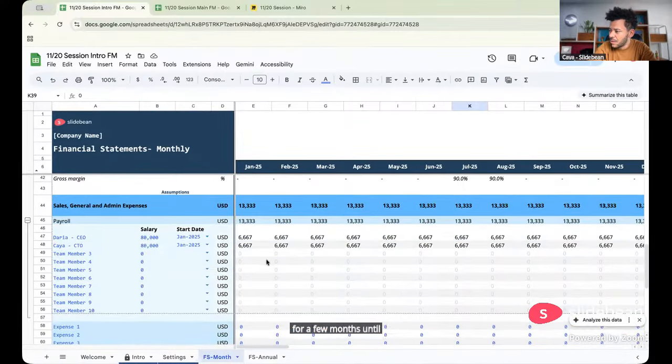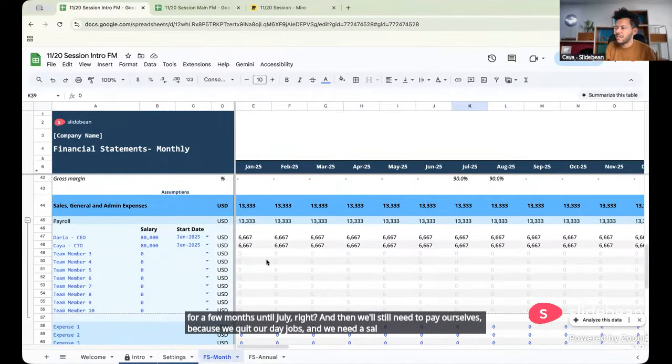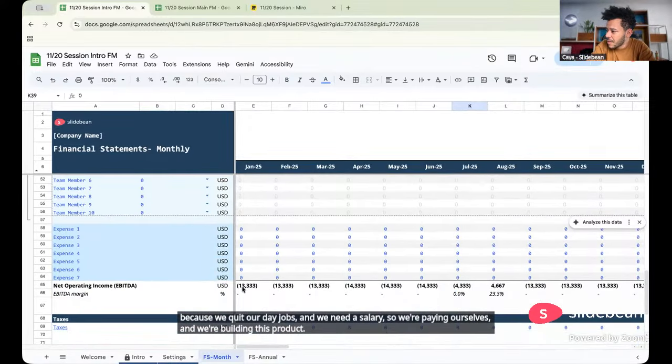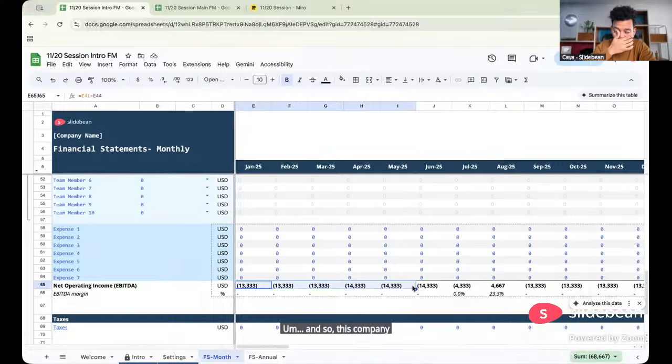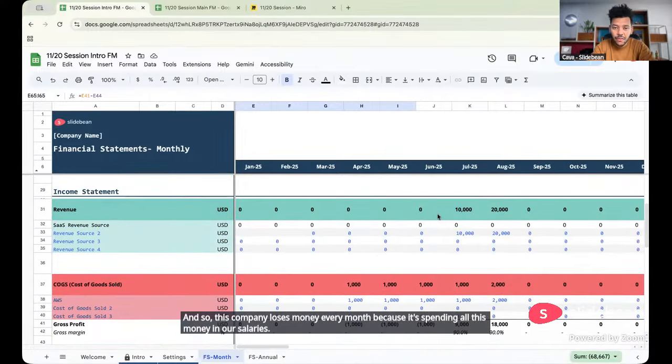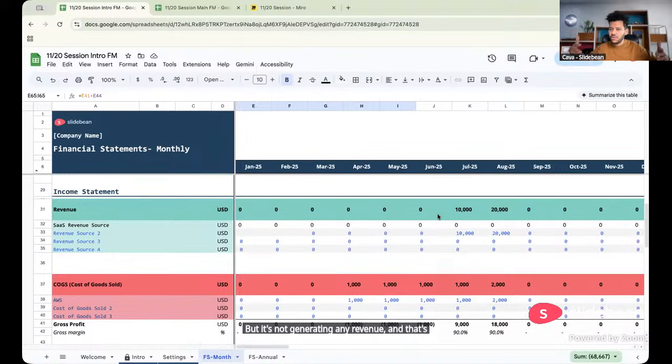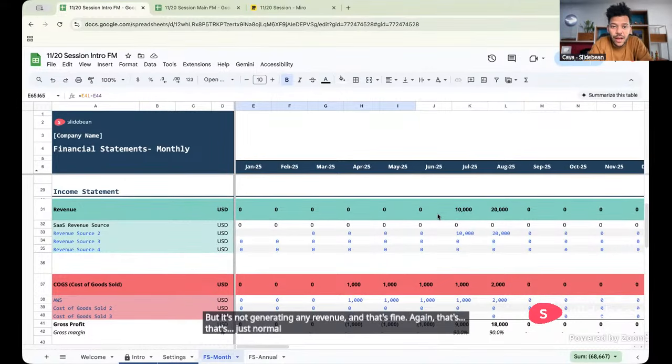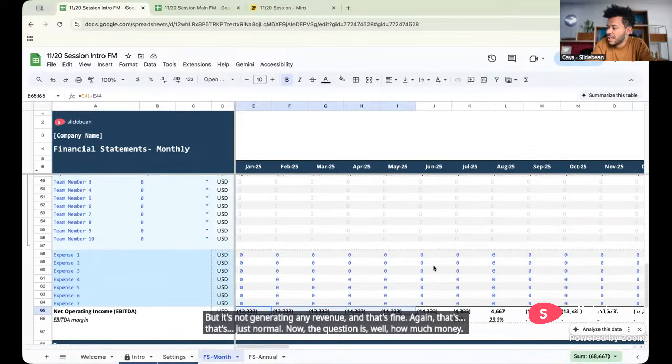And then we'll still need to pay ourselves because we quit our day jobs and we need a salary. So we're paying ourselves and we're building this product. And so this company loses money every month because it's spending all this money on our salaries, but it's not generating any revenue. And that's fine. Again, that's just normal. Now the question is, well, how much money do we need to cover for this?